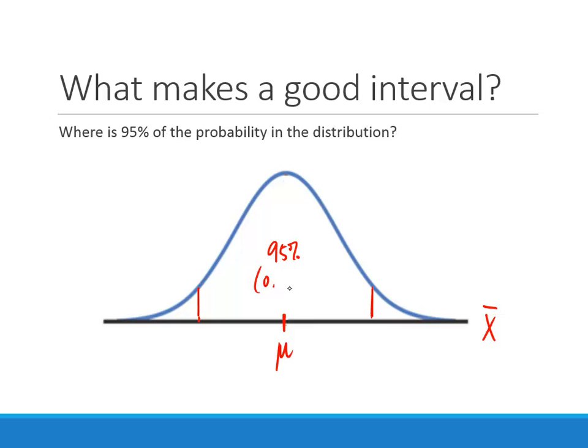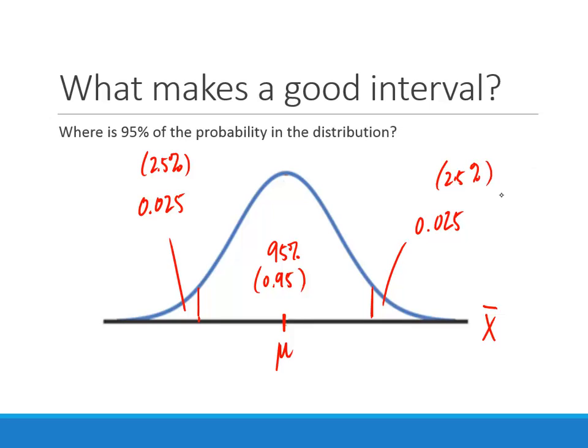And that means how much area is in each of those tail areas? Yeah, exactly. I need those to add up to 0.05, and they're equal. So that means I have 2.5% in each of the tail areas there.